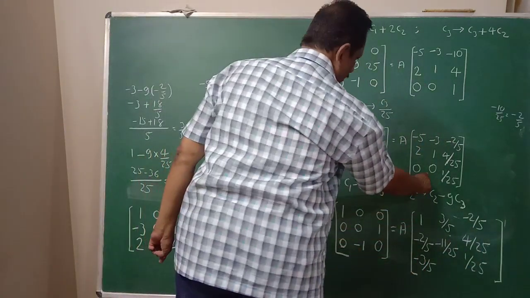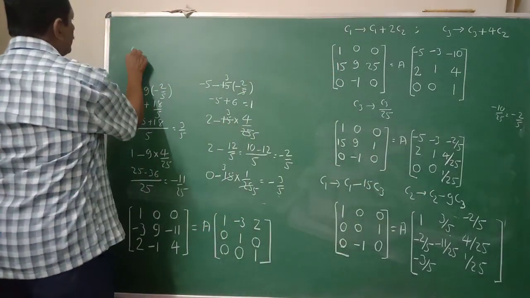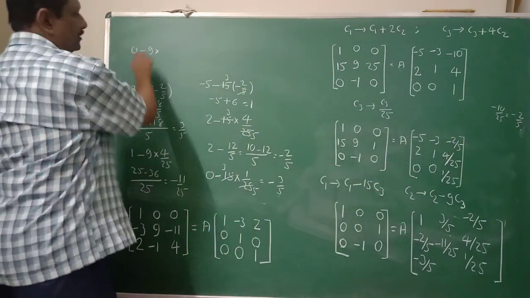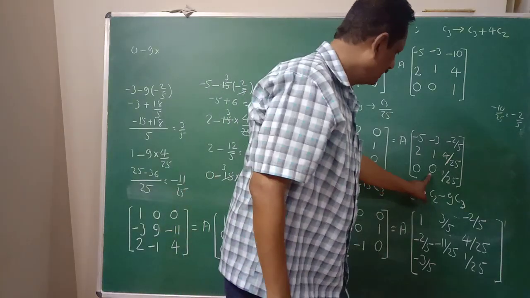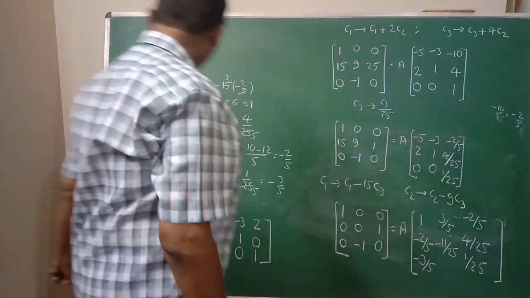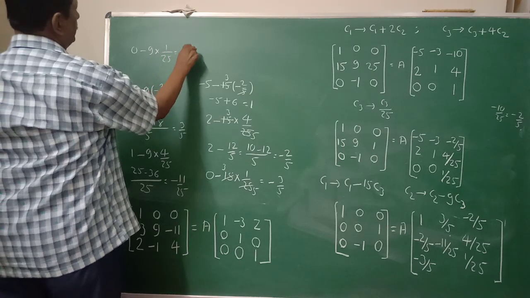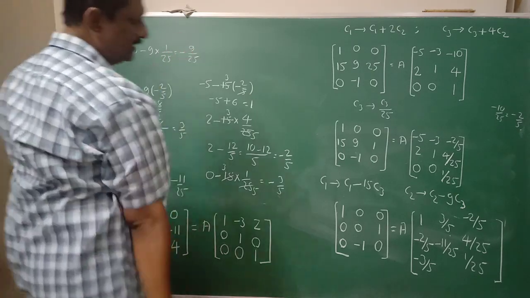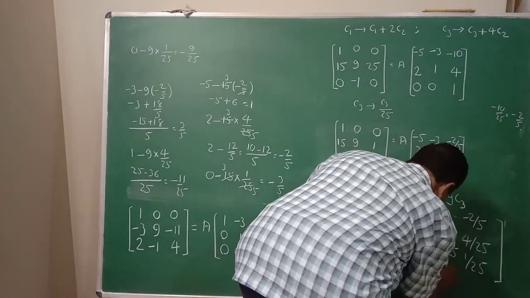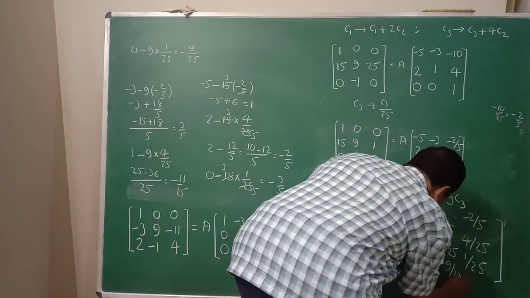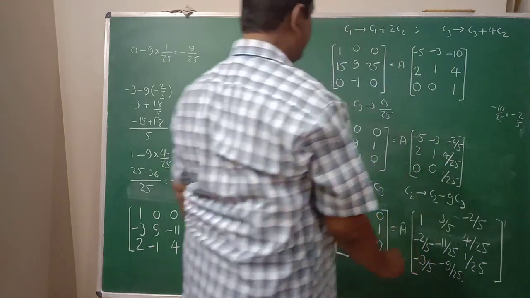Then this one is 0, okay, so 0 minus of 9 into 1 by 25, so 1 upon 25, it gives a minus 9 by 25, so it is a minus of 9 divided by 25, minus 9 upon 25.